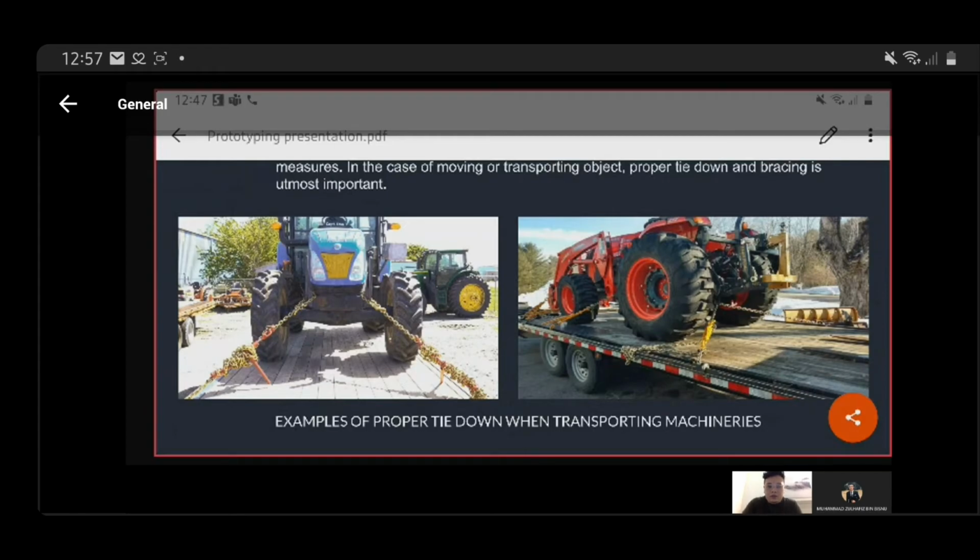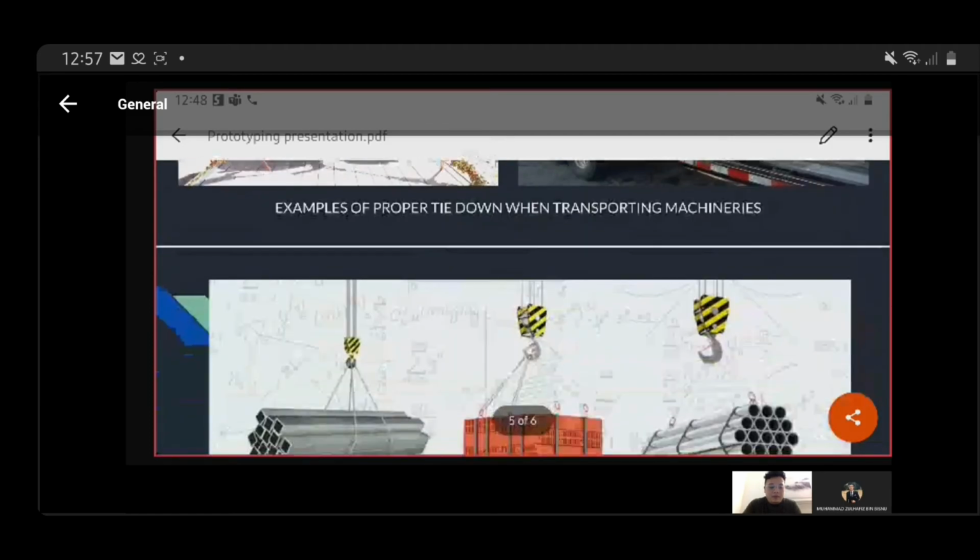Without proper tie down, the machine can easily roll down when the trailer starts moving. So this is actually inertia taking place, because the trailer will move and the machinery as an object will tend to stay at rest until there's a force acting onto it.